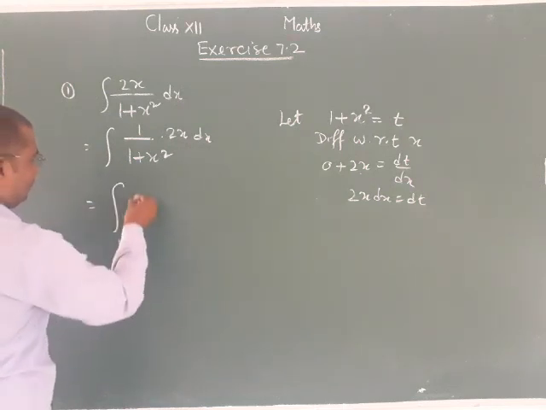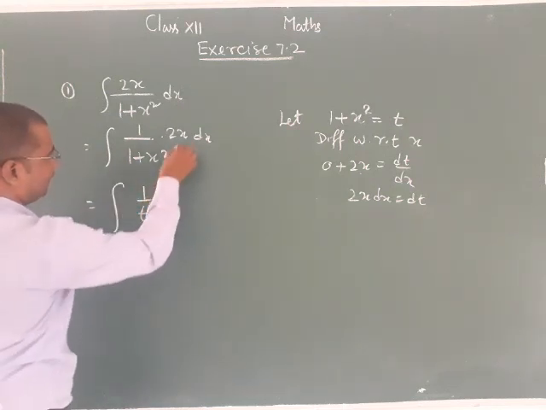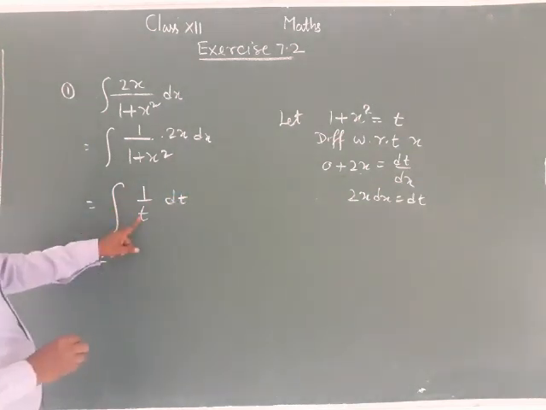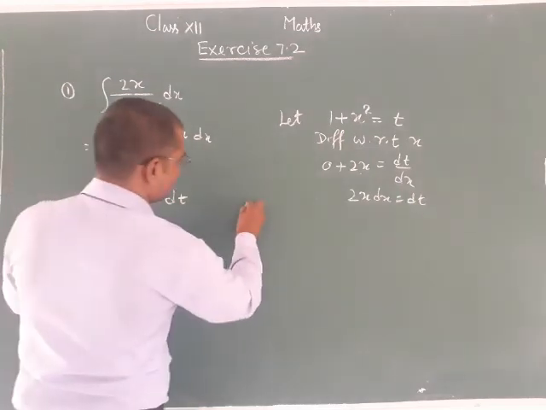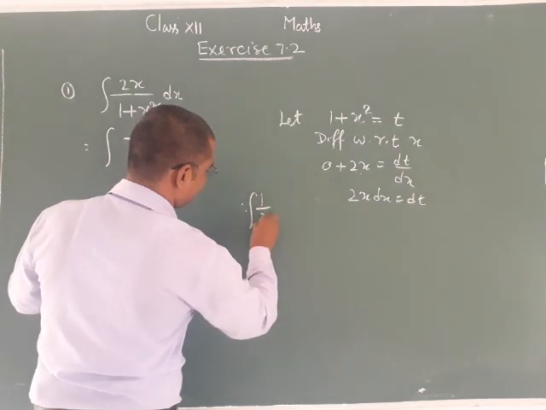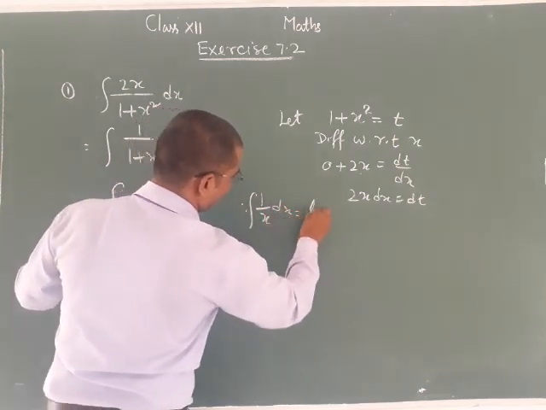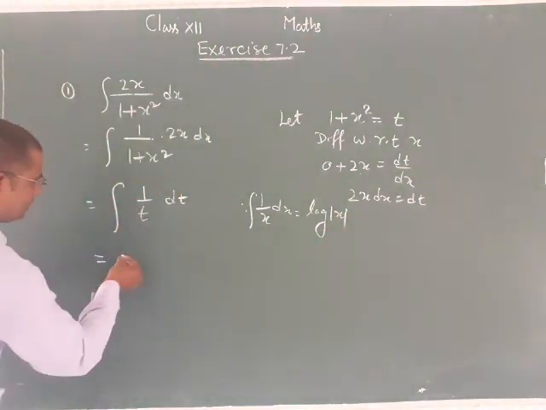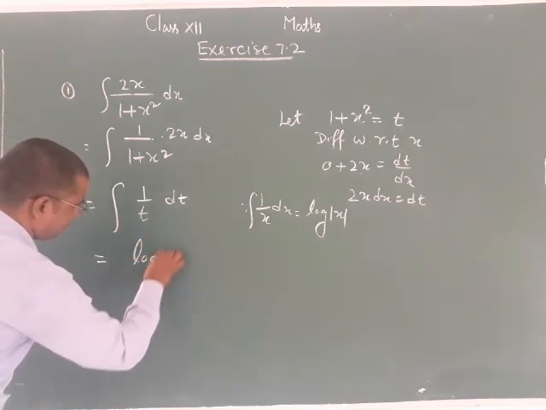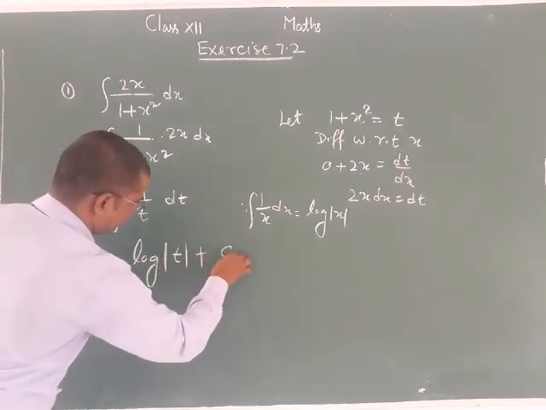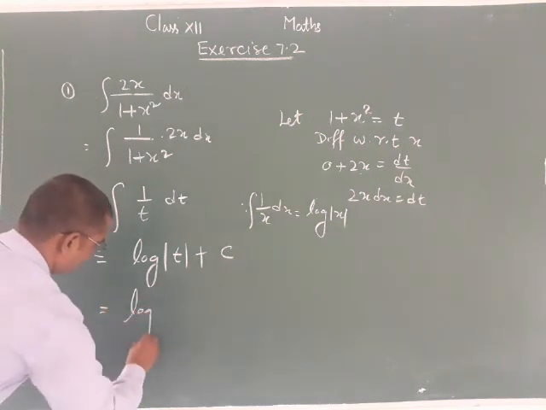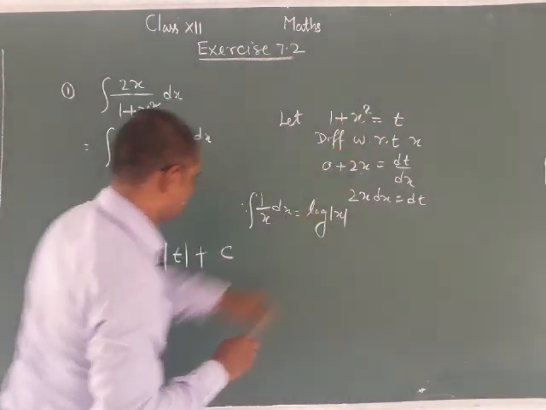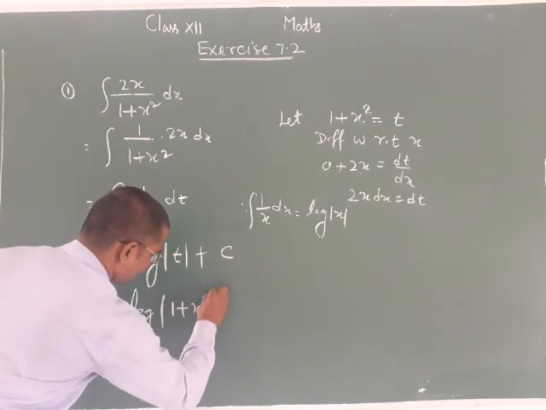Now it becomes integral of 1 upon t dt. Since the integration of 1 upon x dx is equal to log mod of x, also we can write this as log mod of t plus c, and changing the variable back, t is 1 plus x square, plus c.